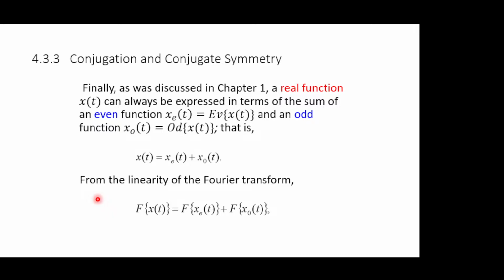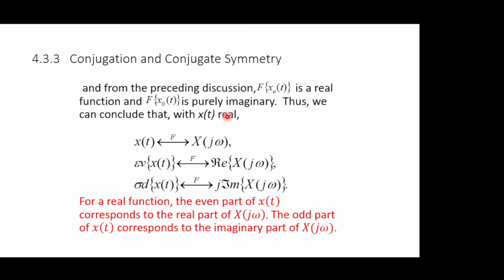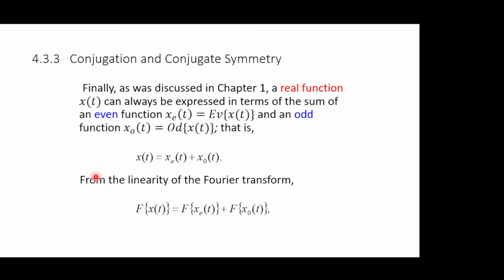Anyway, there is a little more correspondence between real functions and the even and odd parts. If your x is real, there's a correspondence between the even and odd parts of x and the real and imaginary parts of big X. Let's see this slowly.